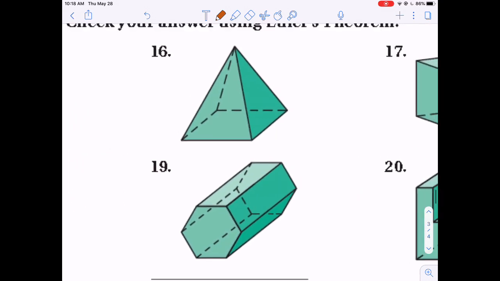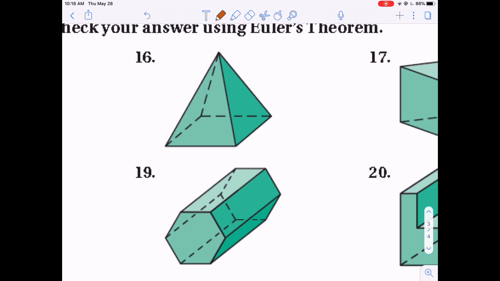Number 16. Again, using Euler's theorem, see if it fits the theorem. Again, the equation is F plus V equals E plus 2. All right, so here we go. I'm going to do them in order again. Front face, right face, left face, back face, bottom. That's 5 faces. Now do the vertices.